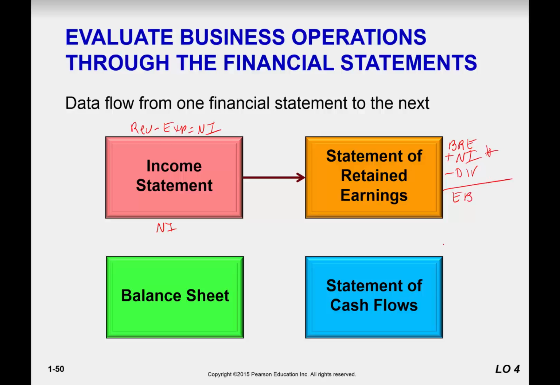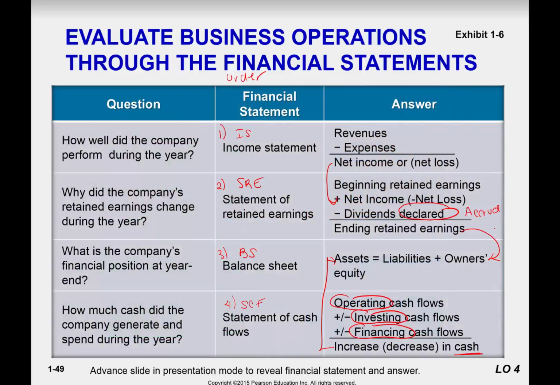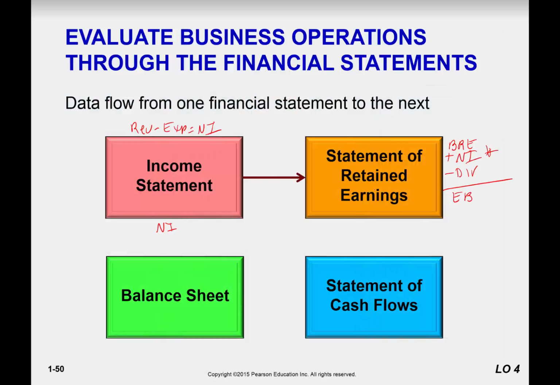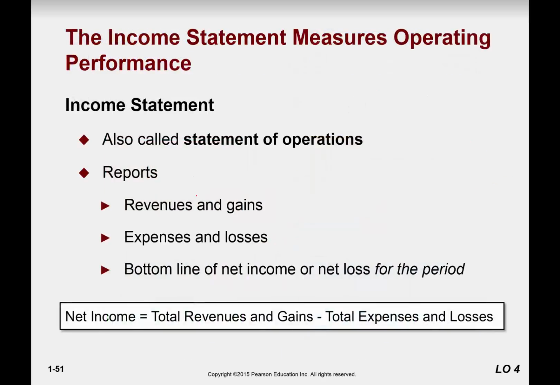That ending balance then gets transferred to our balance sheet, where we have assets equal liability plus owner's equity, and here is where we add the ending balance of retained earnings. Then lastly, we have our statement of cash flows, in which we need the asset cash, to know that final balance to prepare our statement of cash flows.